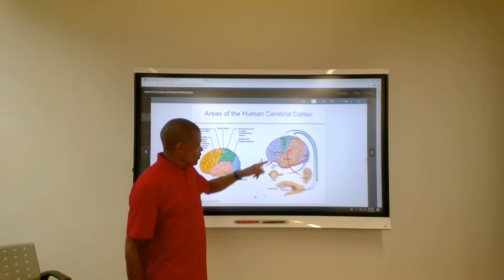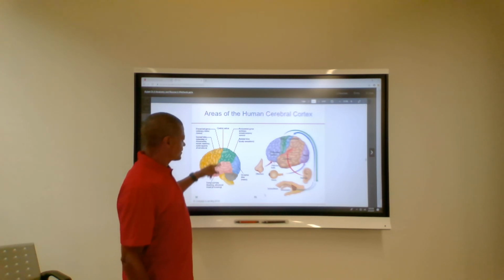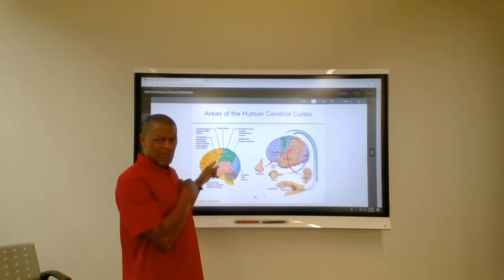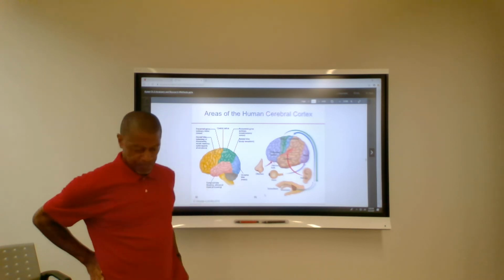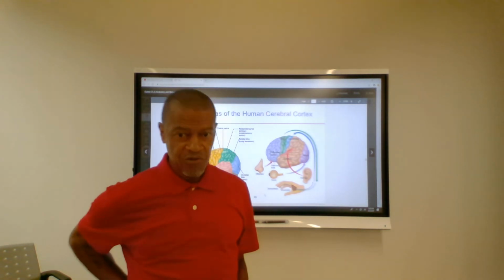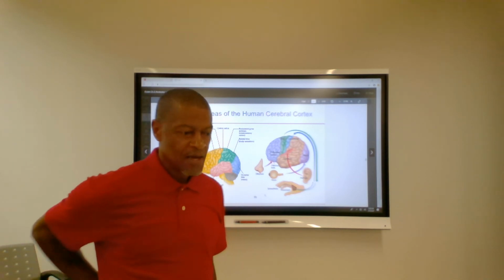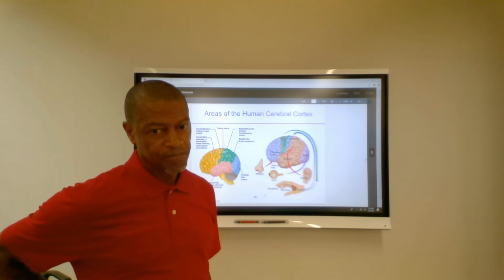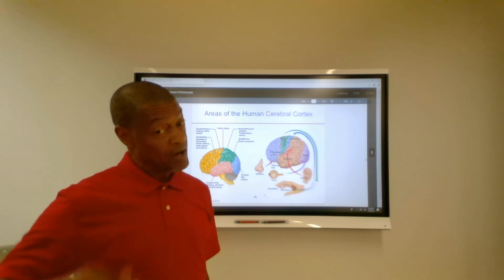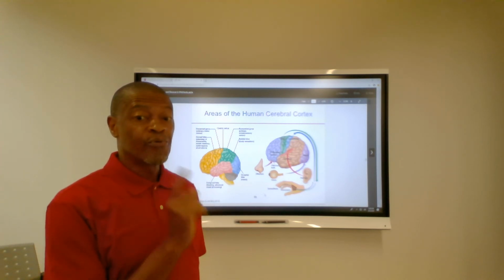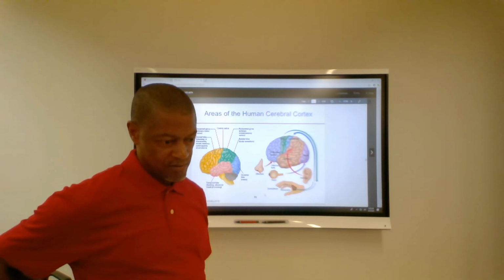Where you see the dividing lines in color from green to yellow, that's the central sulcus. So in your notes, make sure you remember that central sulcus is the dividing line between the frontal and parietal lobe. In front of the central sulcus, again, you can look at it on your own, is the primary motor cortex.